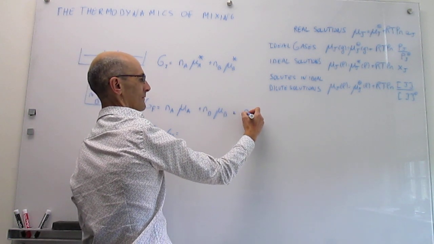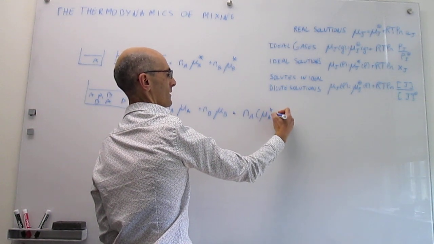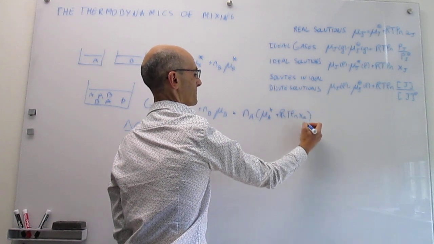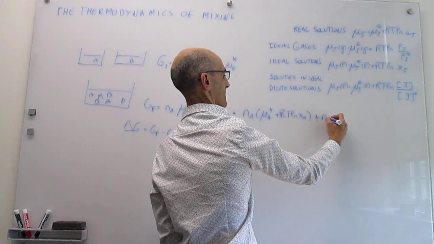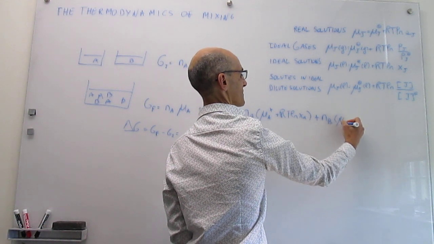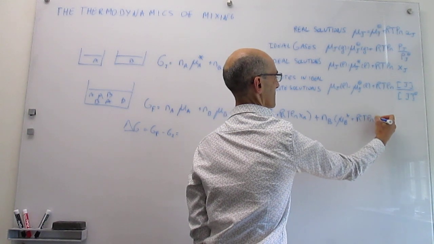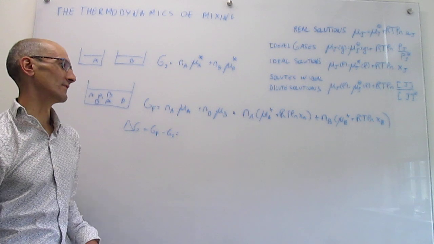So that will be the same thing as N_A times mu_A when pure plus RT natural log of x_A, and then plus N_B times the chemical potential of B when pure plus RT natural log of the mole fraction of B. That's how this develops.